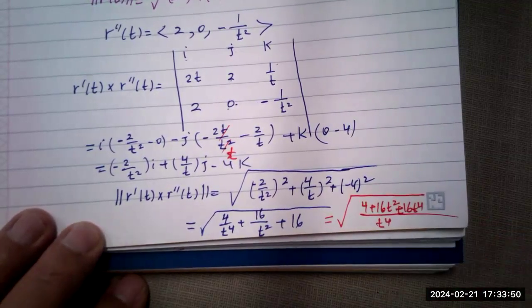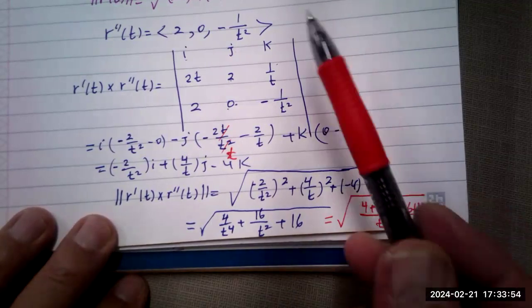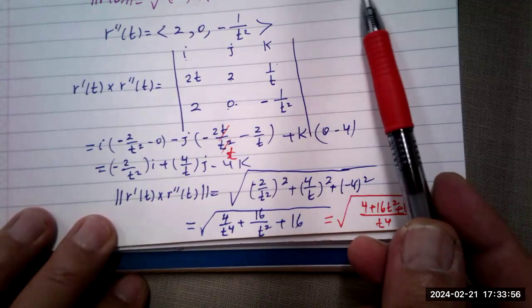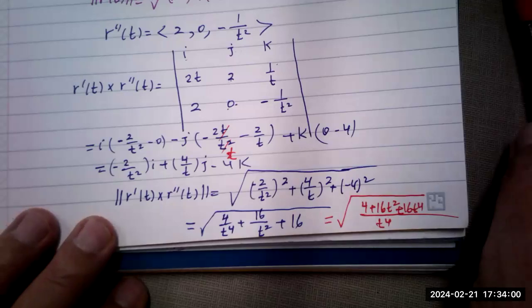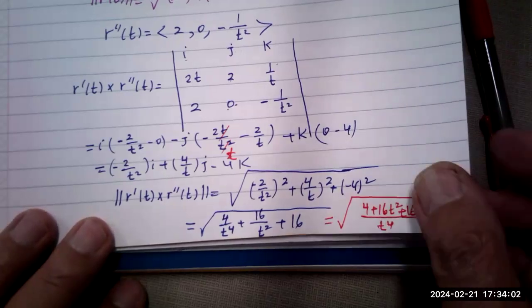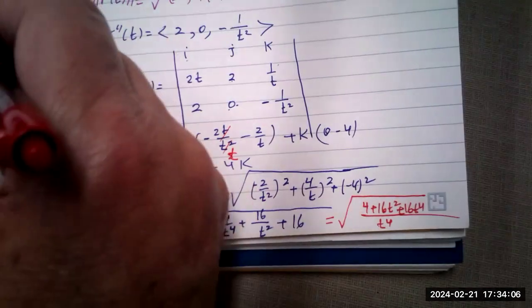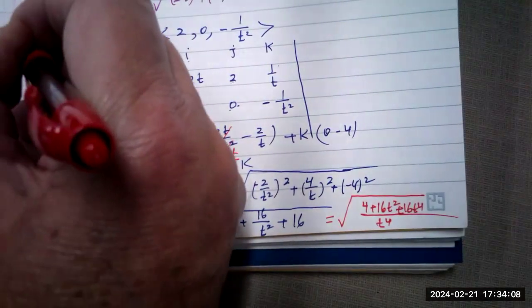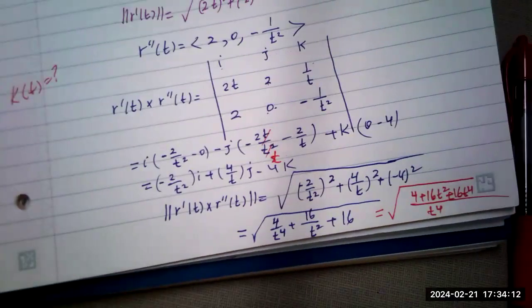Okay. But again, it's not going to be a big deal because the other one is this one, and then you raise it to the power 3. Just write it down as is really. So that gives you the final. Okay, so we go back and rewrite it. We get the k of t.